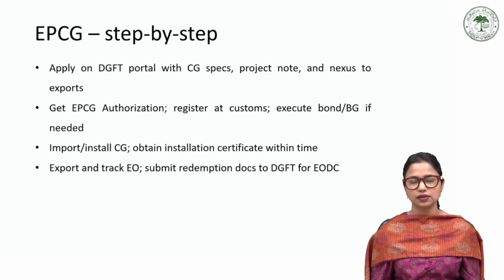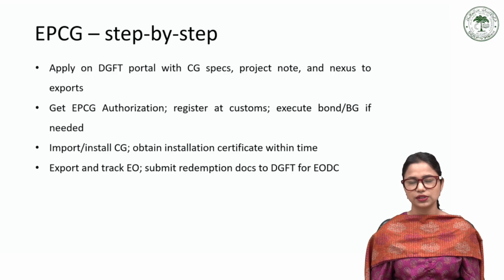Next step is the exporter must get EPCG authorization, which requires registration at the customs, execution of bond or BG if needed. Once the application is received and approved by the DGFT, the import process shall begin.